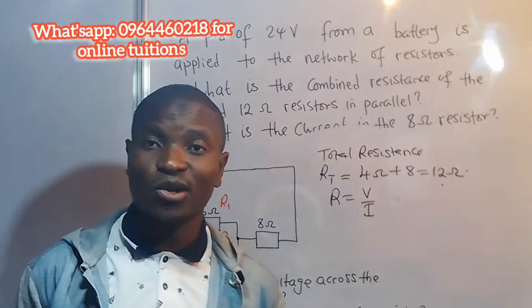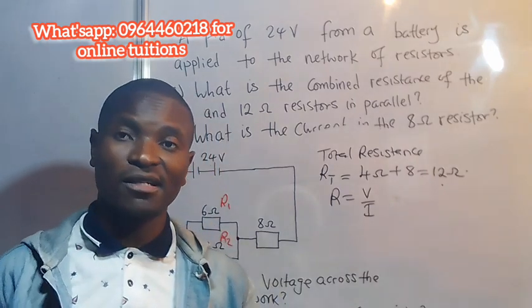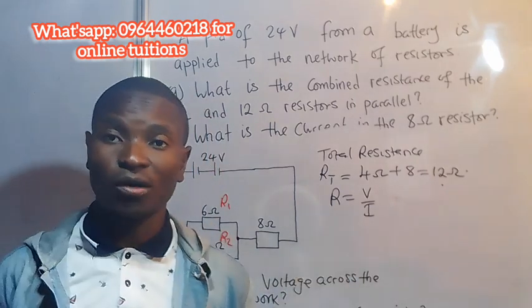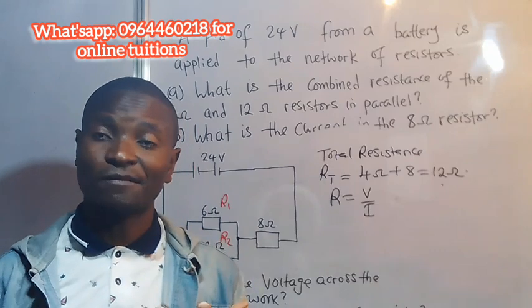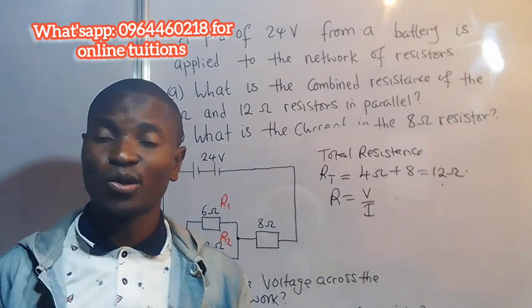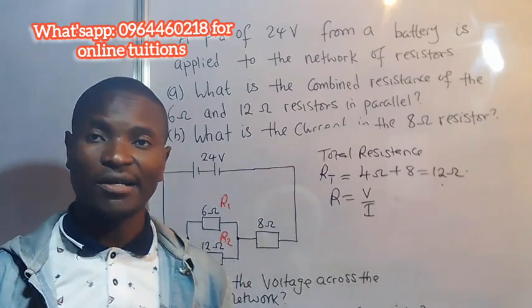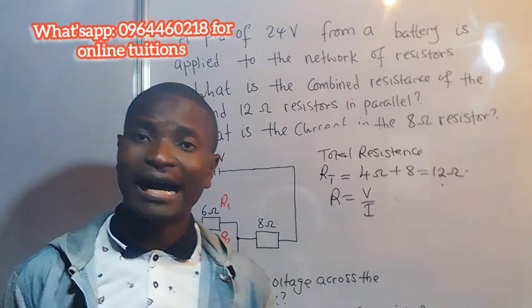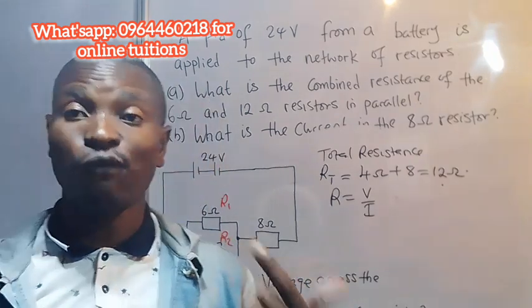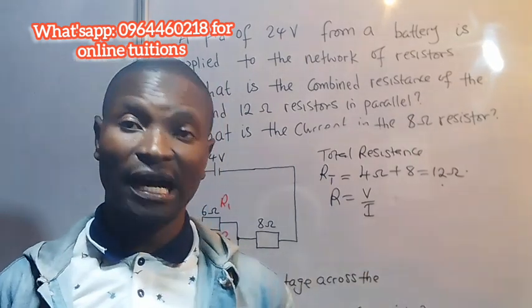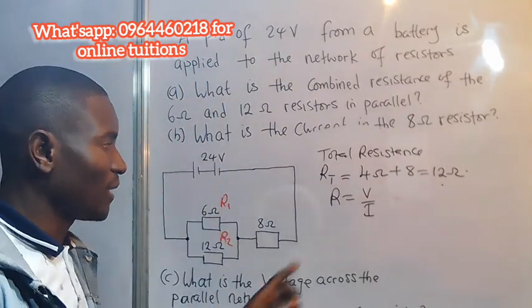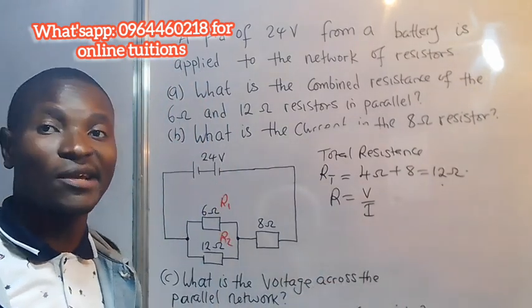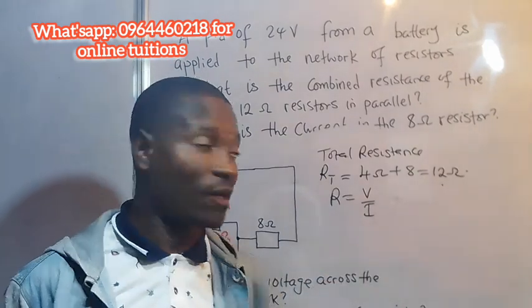The formula for finding resistance is called Ohm's law, mathematically R equals V over I, where R is resistance, V is voltage and I is current. Now we are looking for I, so we can make I the subject of the formula.